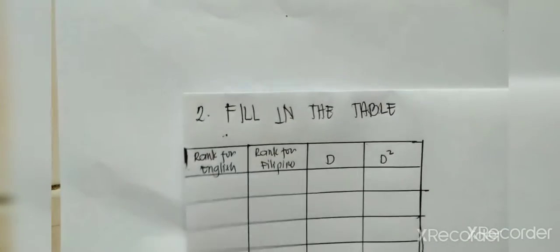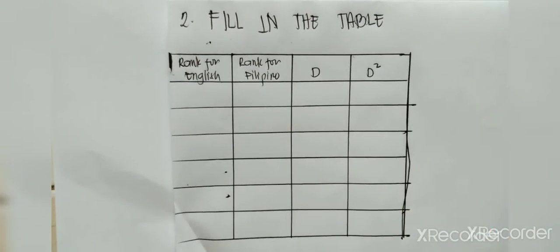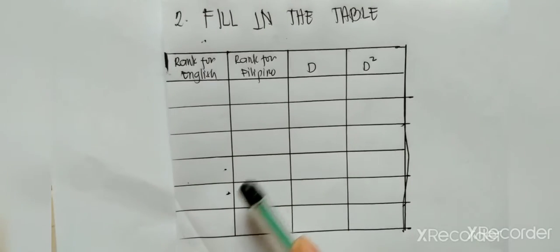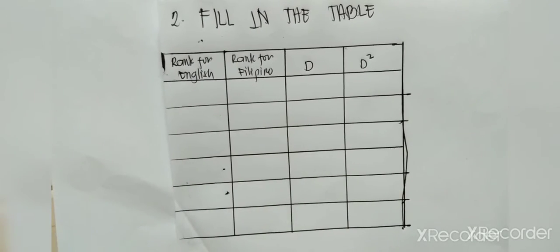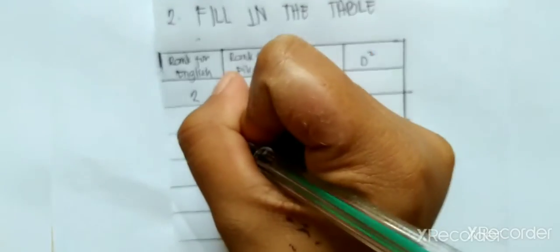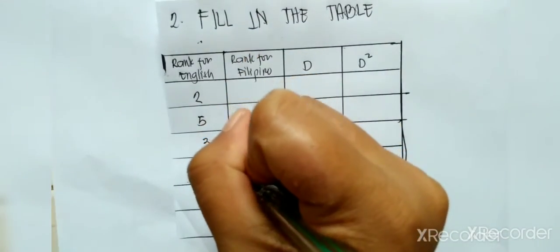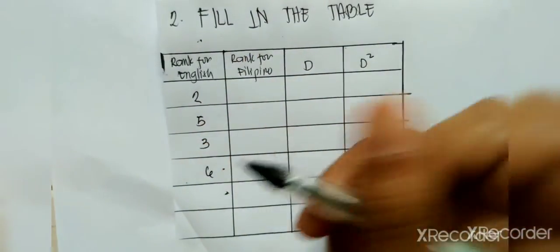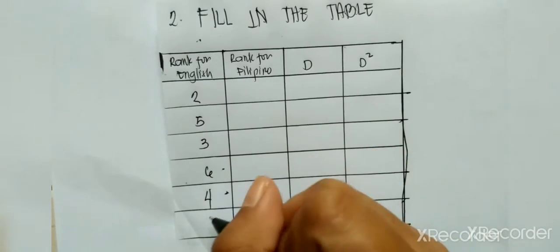Next we have step number 2. We are asked to fill in the table. We copy here the rank for English and the rank for Filipino. The rank for English is 2, 5, 3, 6, 4, and 1.